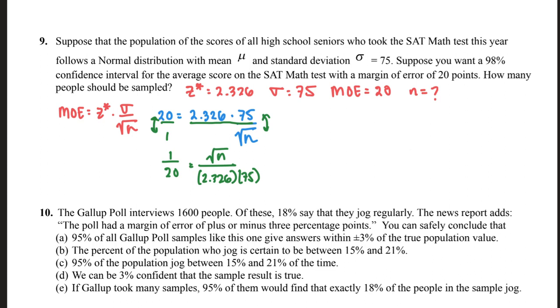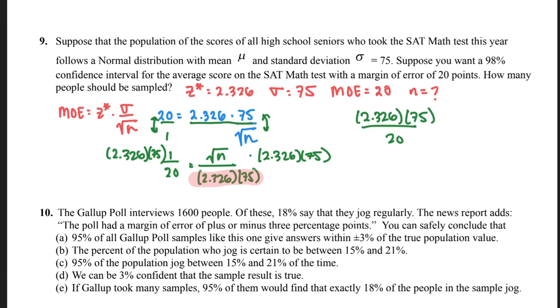Next thing we're going to do is we are going to get rid of this denominator here by multiplying both sides by 2.326 times 75, whatever's in the denominator. So now we have 2.326 times 75 over 20 is equal to the square root of n. And then the very last step to get n by itself is we're going to square everything.